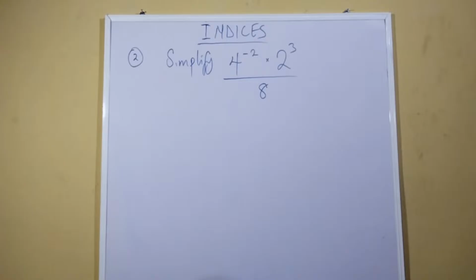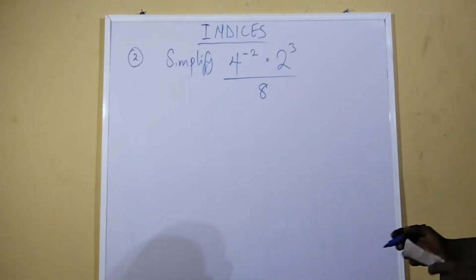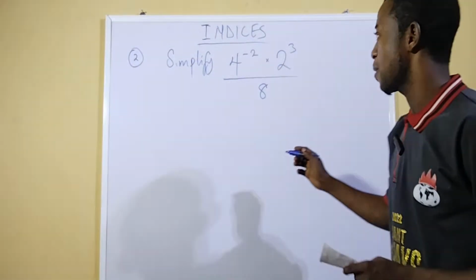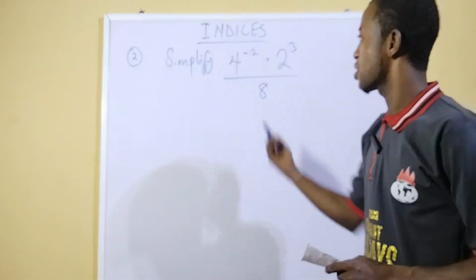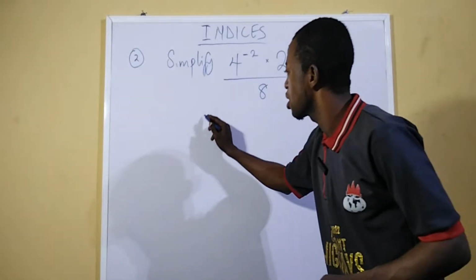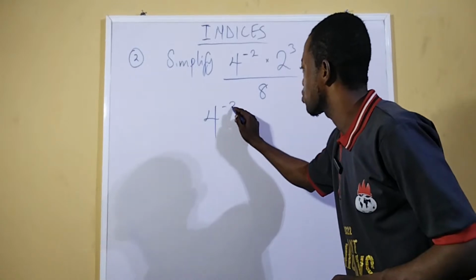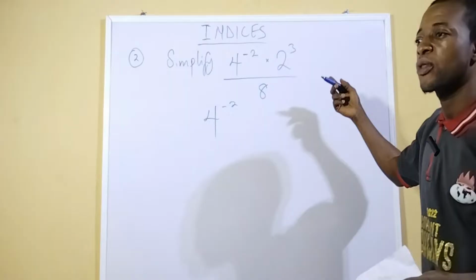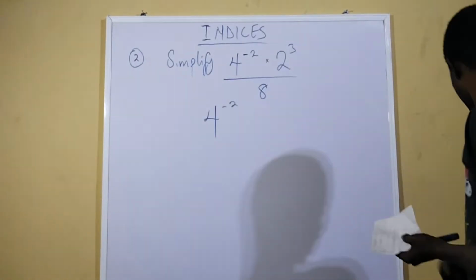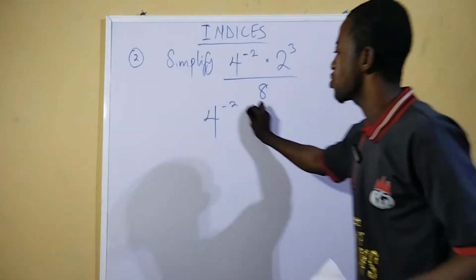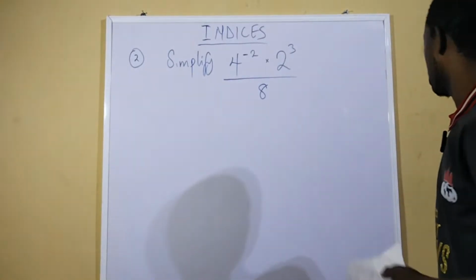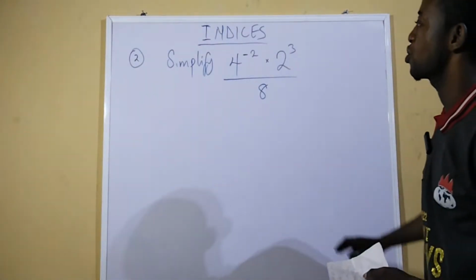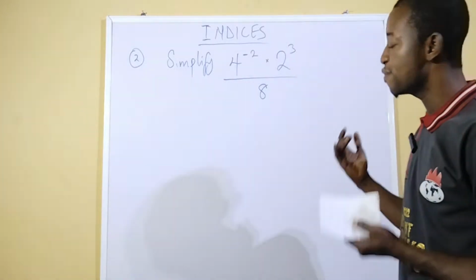Now, when we look at this, clearly this is a negative index. Let's leave it first. Actually, the first thing we should do is try to make sure we are dealing with the same base, if possible.